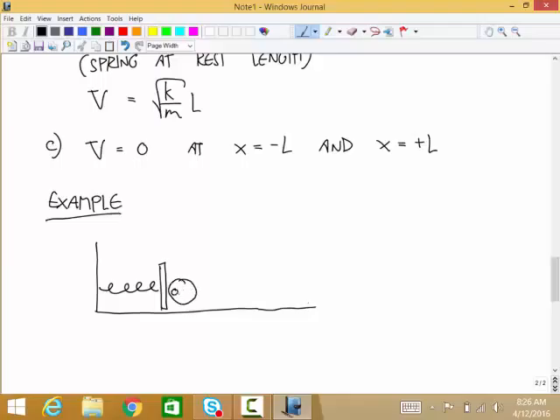Let's say the mass is 0.1 kilograms, and the spring has a constant of 300 newtons per meter. And then over here, there's another ball that's a little bigger. This one's 0.2 kilograms.